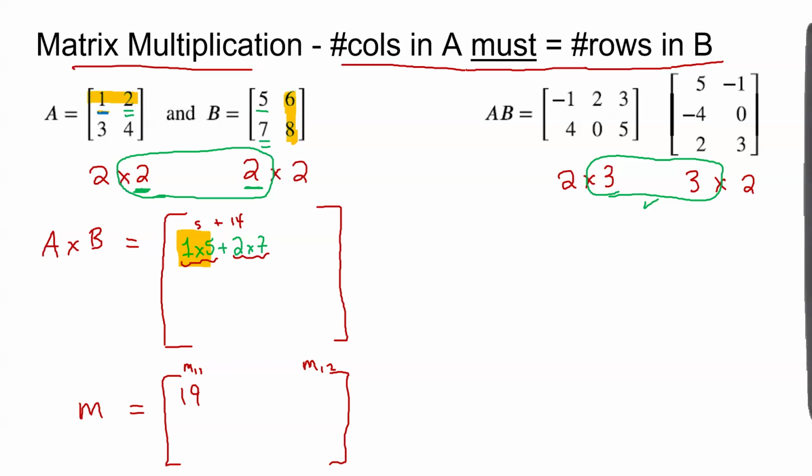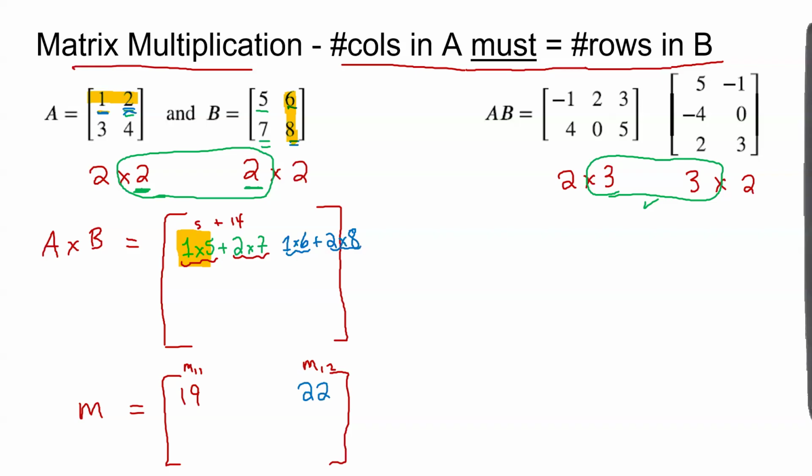We'll take the first one times the first one. That would be 1 times 6. And then I'll take the second one times the second one. That is 2 times 8, and I'm adding those together. 1 times 6 is 6. There's a 16. I get a 22 right there. Okay. And now I've done the first row times both columns and gotten the first row, both columns.